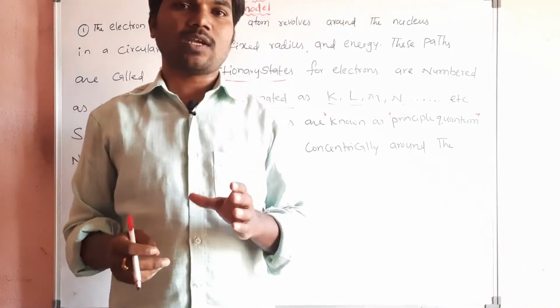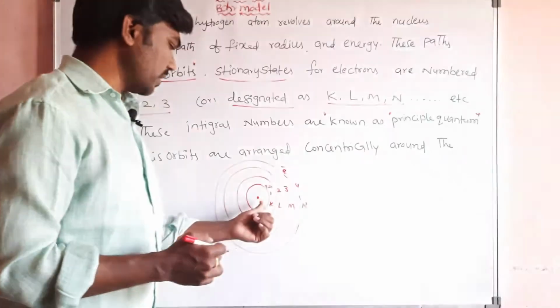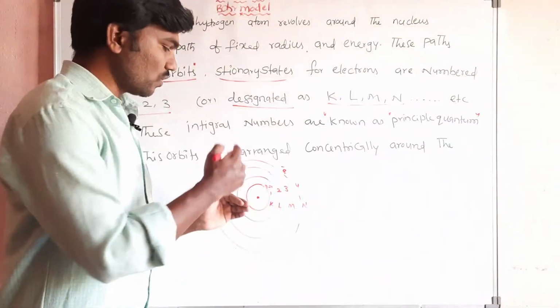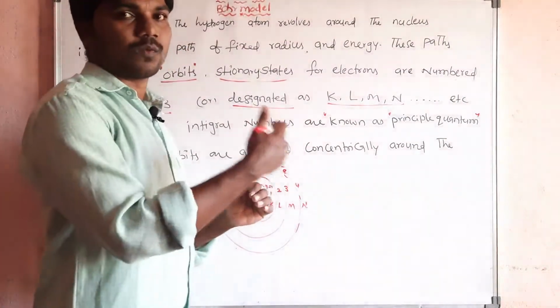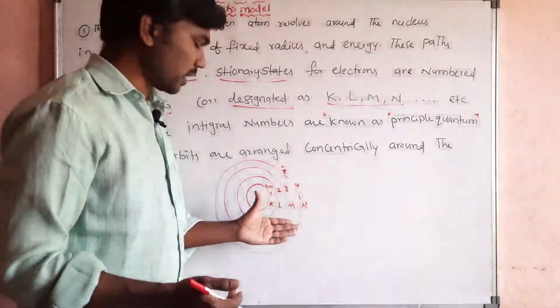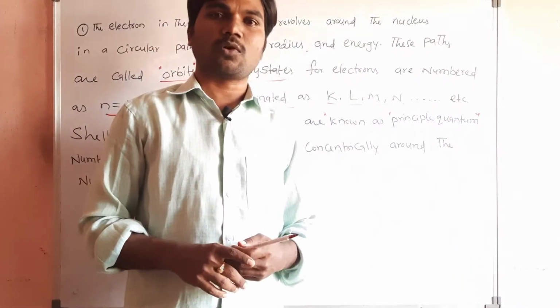These orbits have specific names. The one near the nucleus is 1, the one a little bit away from the nucleus is 2. So first shell, second shell, third shell, fourth shell, and n is equal to K, L, M, N. These shells have different names. So this is the first postulate of the Bohr atomic model.